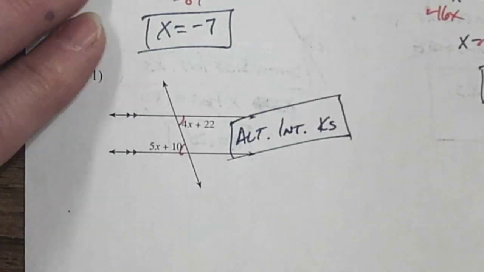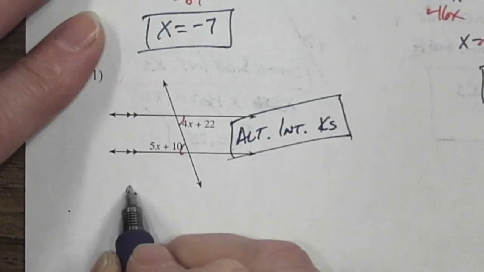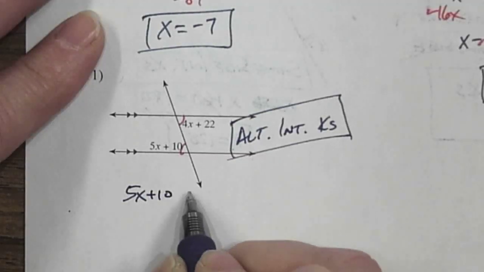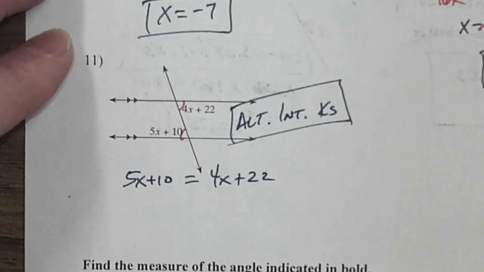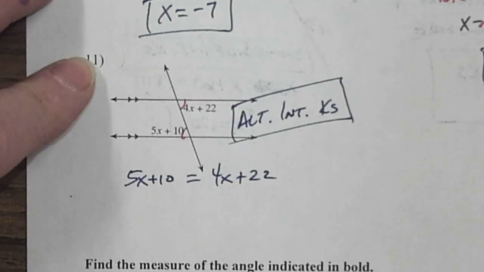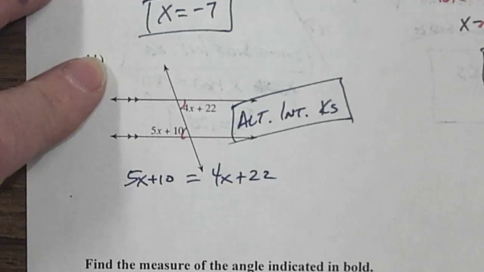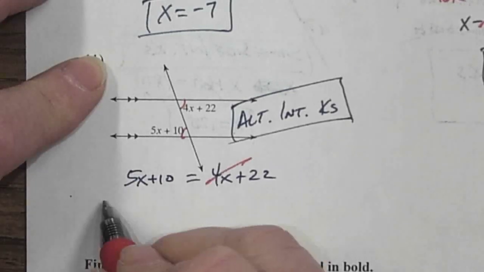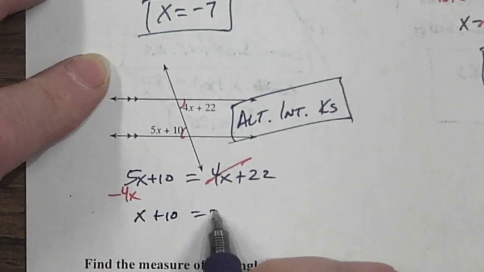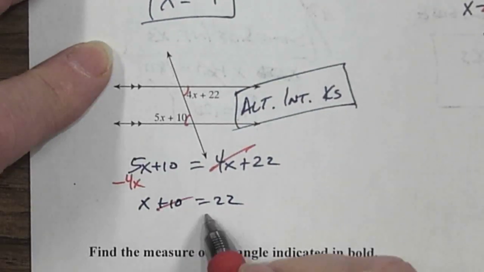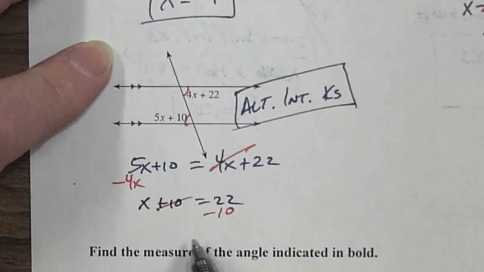That means this angle equals this angle. Alternate interior angles are equal. Everything's equal except for same side and linear pair. So then you just subtract 4x. We get x plus 10 is 22. Subtract 10 and x is 12.